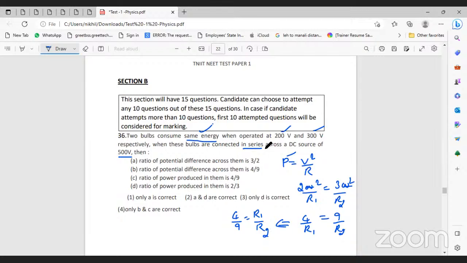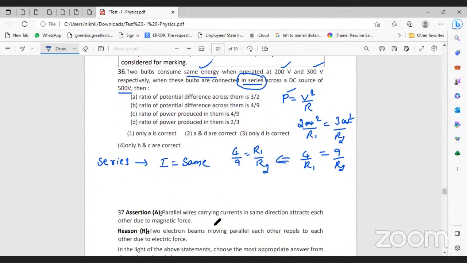But now they are asking about the series power. When they are connected in series, you know that in series, current will remain same, isn't it? So power is equal to I squared into R. How power and current are related?